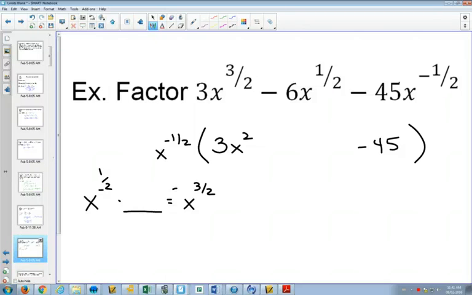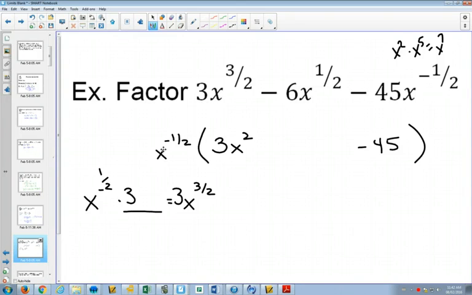Technically there's a 3 in front here, but that will just mean that we'll have a 3 in front there. Now when we multiply, going back to our grade 9 exponent laws, when we multiply things with the same base, what do we do to the exponents? If I multiplied x squared times x to the 5th, I would get x to the 7th. We add the exponents together.